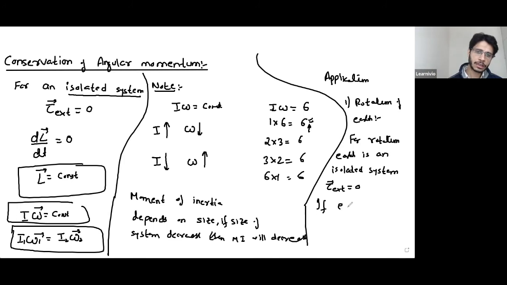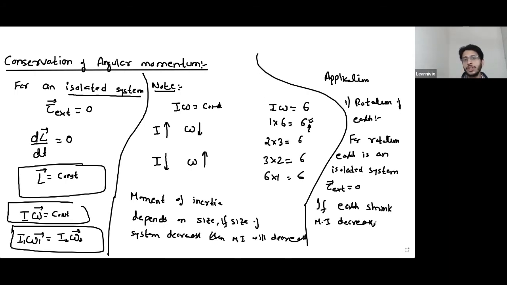So if Earth shrinks, can you guess what will happen to its moment of inertia? It will increase or decrease? Decrease. Yes. If it shrinks, then moment of inertia will decrease.